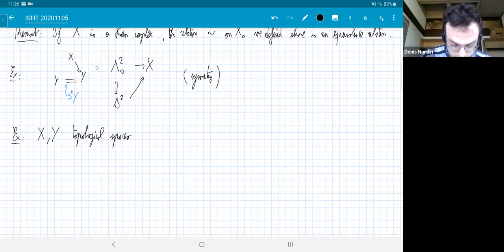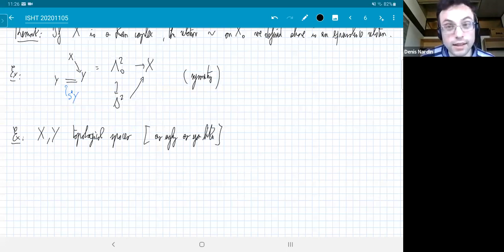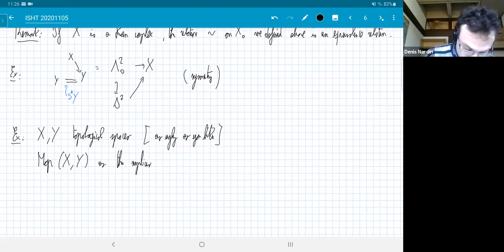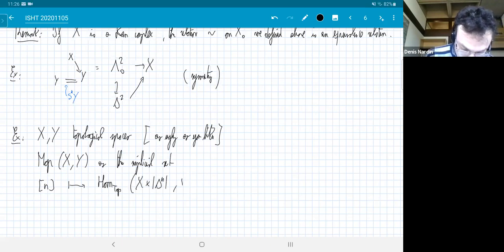And in fact, we can take them as ugly as you like. They don't need to be compactly generated here, technically, for this story to work. You can define Map(X, Y) as the simplicial set that sends [n] to continuous maps from X × Δ^n into Y.